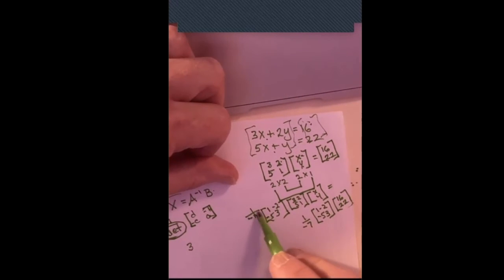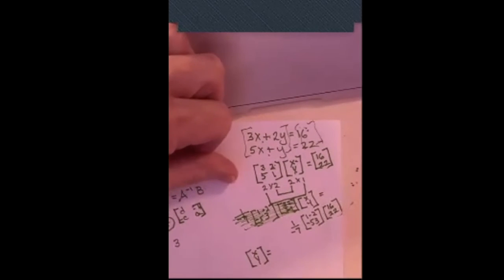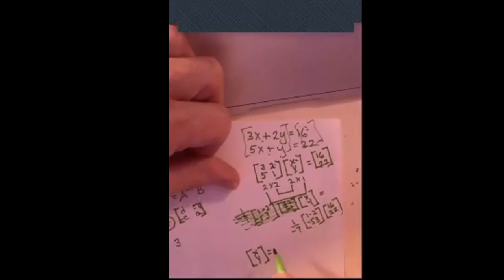So over here, all of this sort of goes away. Multiplying all of this together gives me the identity matrix. So on the left, all I have is x, y. On the right, what I'm going to do is multiply the two matrices together first and see what I wind up with.